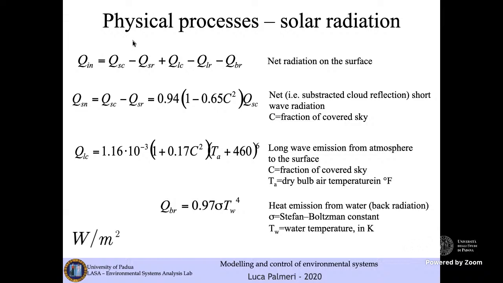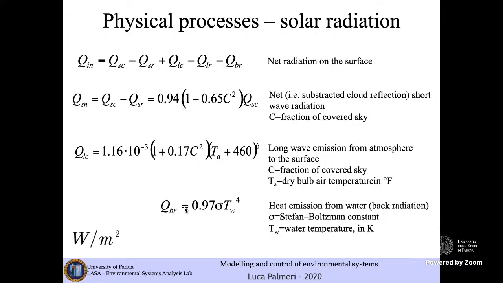For the long wave radiation absorbed by the cloud, instead, you have this other model, long wave emission from atmosphere to the surface. Again, this may be made dependent on the fraction of the covered sky and on another parameter that is the dry bulb air temperature in Fahrenheit.